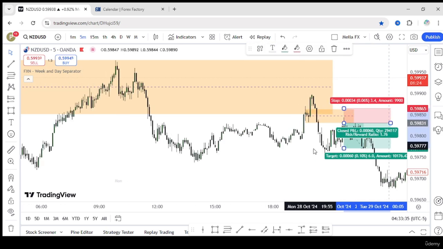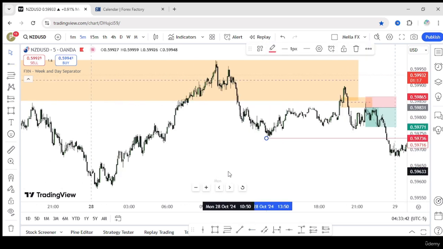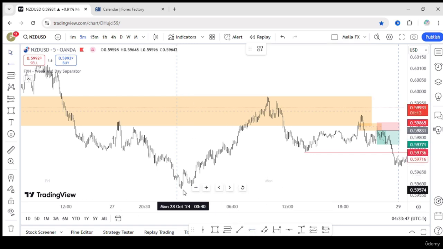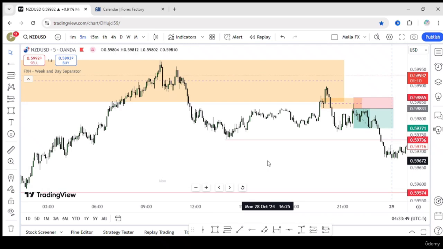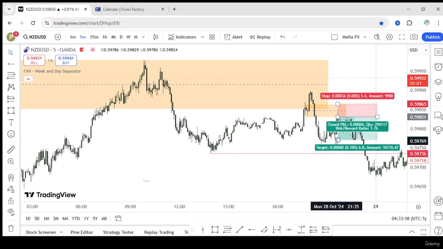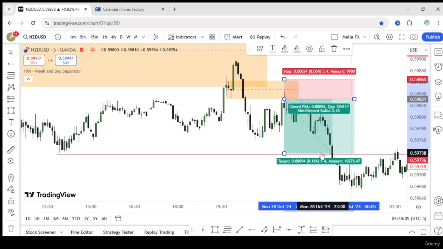And then we are going to look for the nearest liquidity to exit, like here. And the next one will be this daily low. So also we can go into the 1-hour chart and look for any liquidity, any imbalance below this liquidity, to see if we can find it, and it will be an opportunity for us to exit or to take our partials.